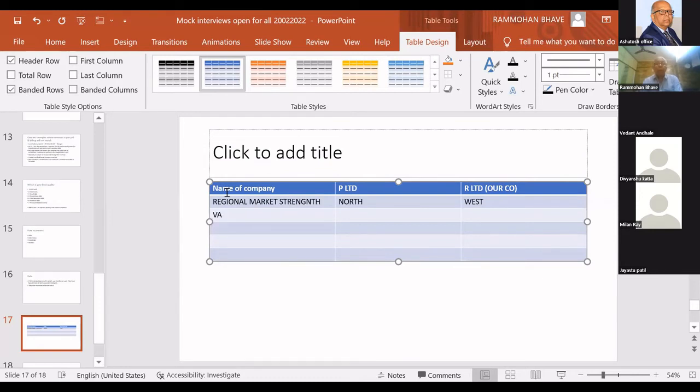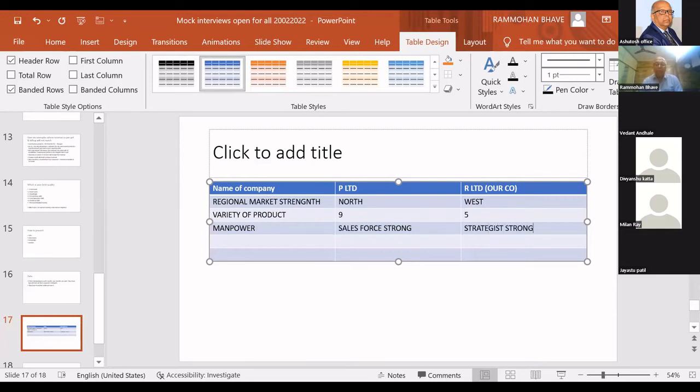Variety of products: 9 and I think 5. Sales force or manpower: sales force strong, strategist strong.